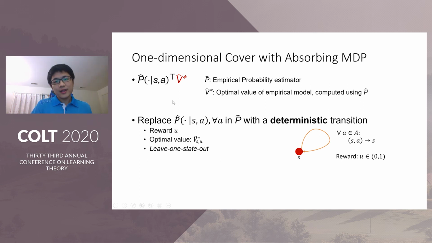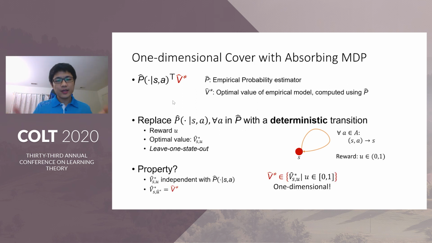So in that way, you can adjust only a single number in order to obtain a whole vector. So we can construct a set that covers this original value function, and this is only dependent on a single parameter u, that is a one-dimensional net, in other words.